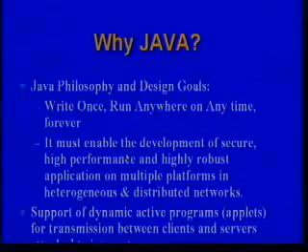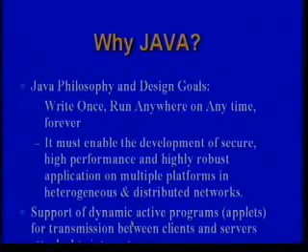Today there is a runtime environment for all different types of platforms: Sun Solaris, IBM machines and other machines. Another important feature, the second point of the slide, is that it must enable the development of secure, high performance, highly robust applications on multiple platforms in heterogeneous and distributed environments.